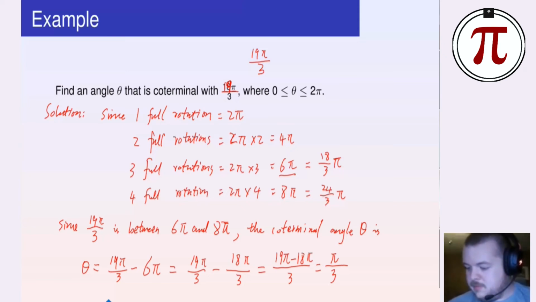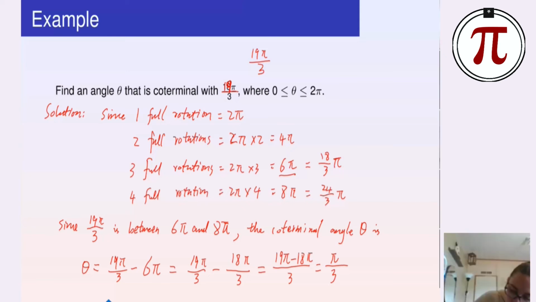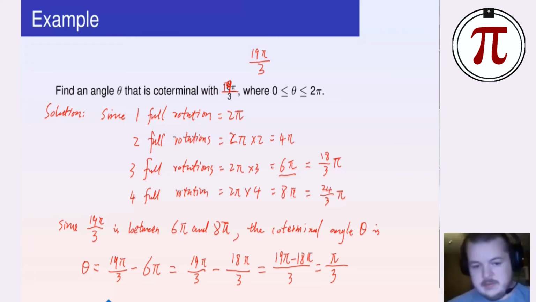Any questions on this one? Okay. Where did we get the 18 pi? Oh, 18 pi, right? Okay, very good question. All right, so 6 pi.